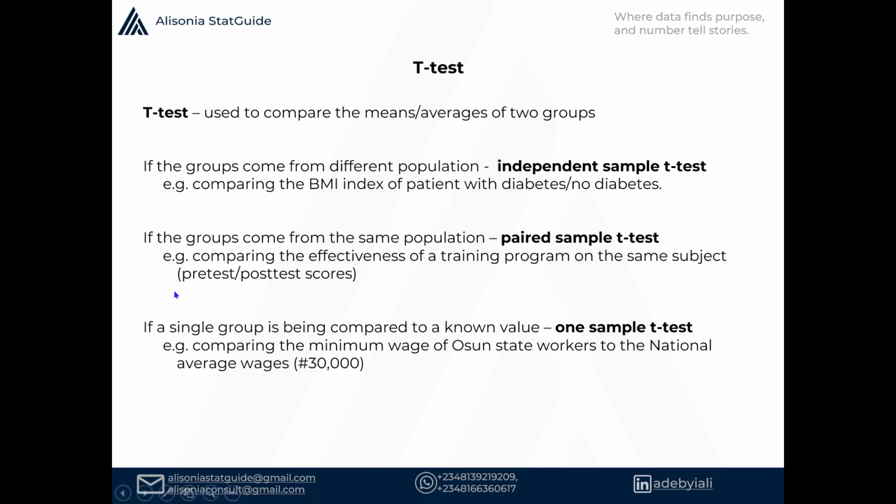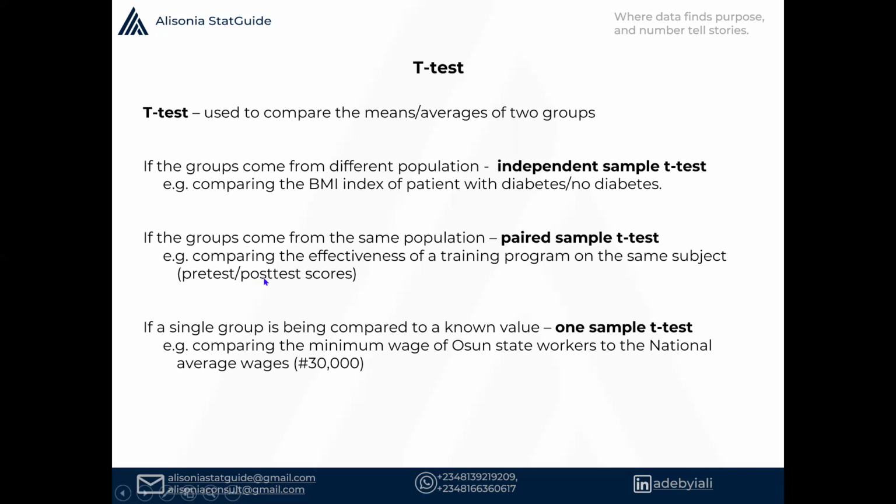After you record their scores, you now apply the new method that you want to teach, to see if it is effective. After the application of the new method, maybe after some months, you give them another test, the same set of students.